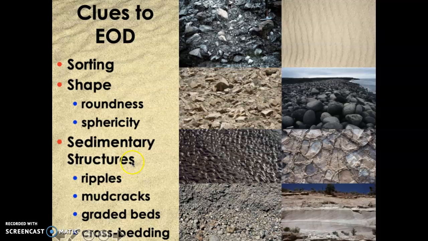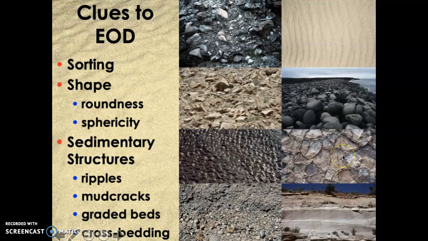We can look at what we call sedimentary structures. When wind or water moves the sediment, very often the current will produce what we call ripple marks. And you can see in the upper right-hand corner, there are some ripple marks there. On the third row on the left-hand side, you can see ripple marks.